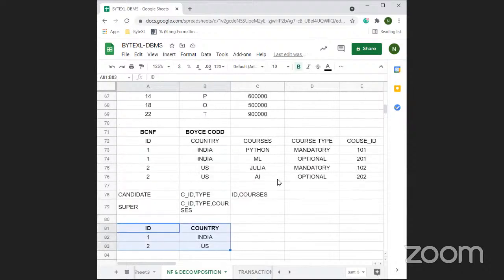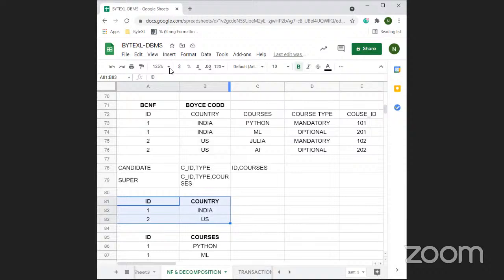Then the most important thing is, this course type and course ID are for the university's purposes, not for student or parents' purposes. So at first look, it is useless to display them. When you see this, we would like to know what courses a particular student is taking, not whether it is mandatory or what the course ID is.